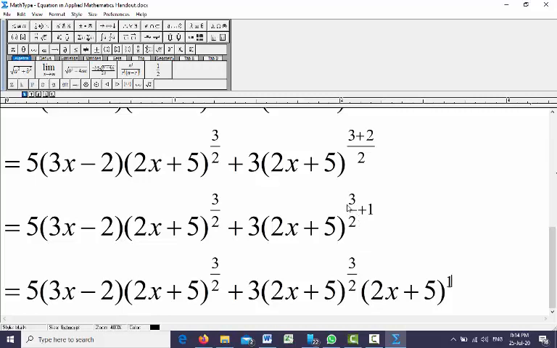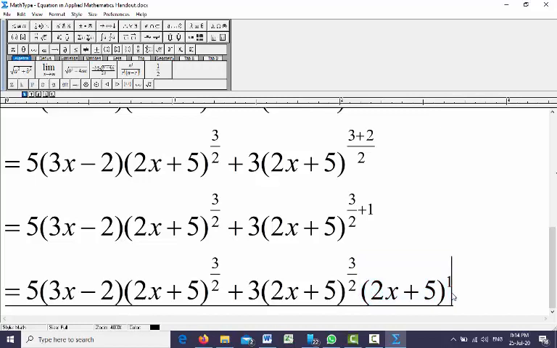Why? Because you have a plus in the power, so we can separate it, because here we have base 2x plus 5 to this power, and again here also we have the same base 2x plus 5 to the power 1.